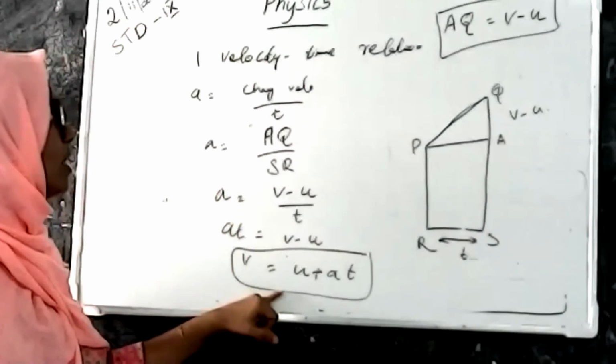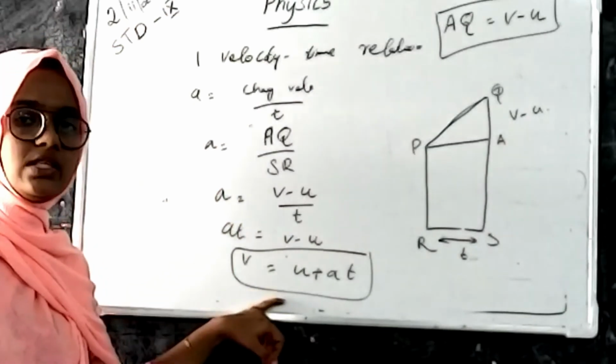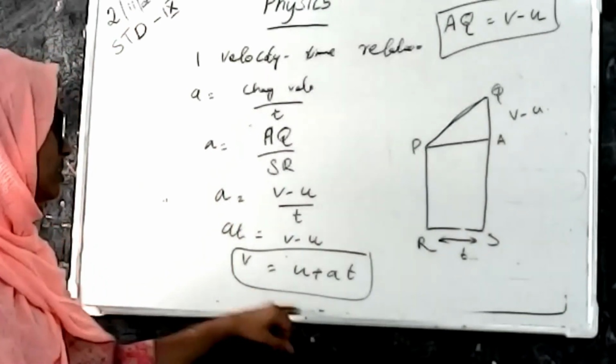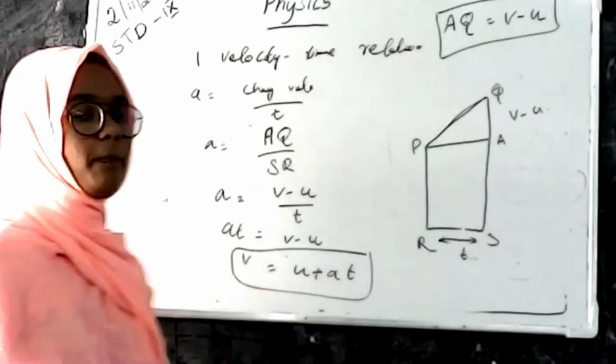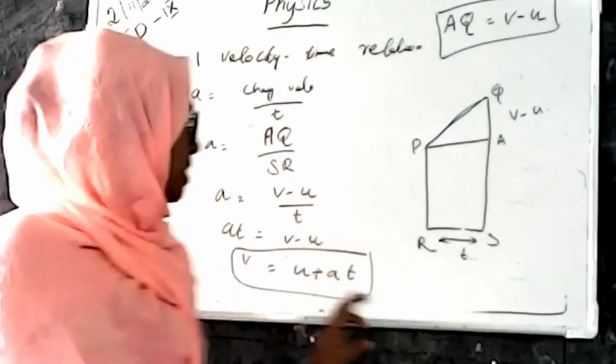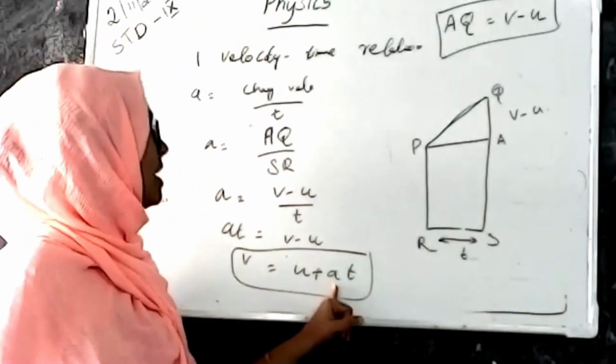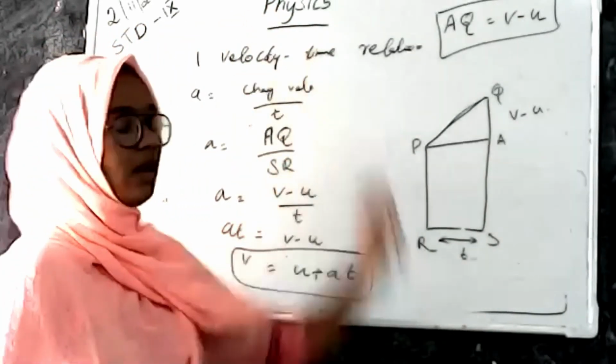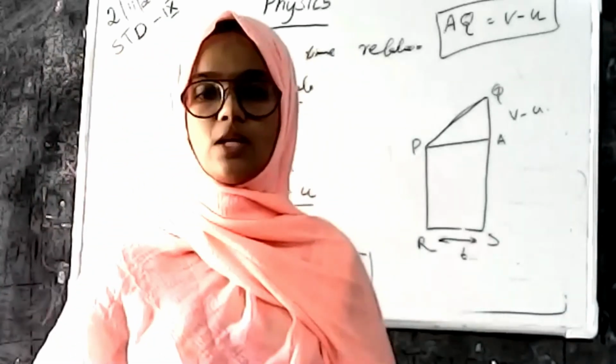So the first equation of motion is the velocity time relation, V is equal to U plus AT.